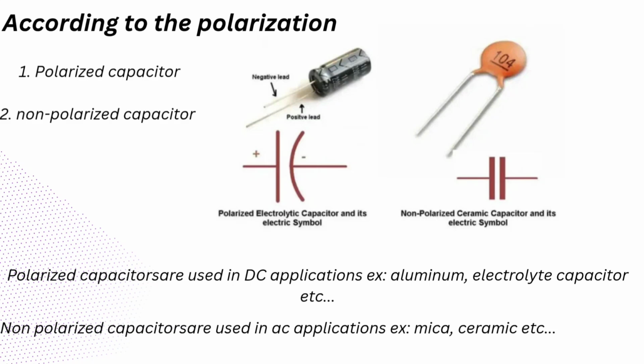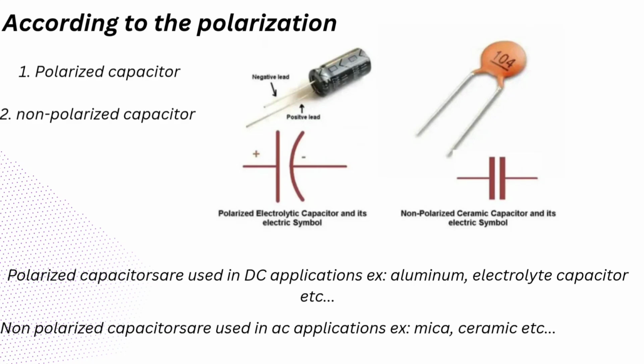Polarized capacitors are mainly used in DC applications. Non-polarized capacitors are mainly used in AC applications, like mica and ceramic. Here you can clearly see the difference between polarized and non-polarized capacitors, and their symbols are also given here.